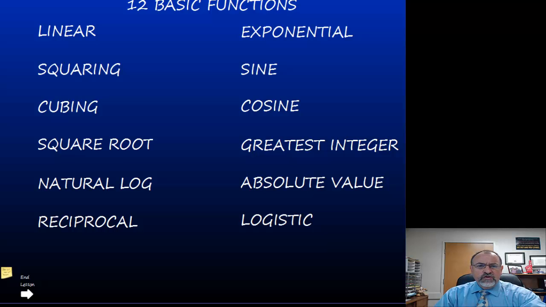So these 12 basic functions really fit a lot of the data and a lot of the natural phenomena that we see in the world. And again, as mathematicians or scientists, or just as a way of analyzing our world around us and how things are related, we take this information, we put it in tables, we make scatter plots, and then we want to try to fit one of these functions to the data or to the scatter plot.